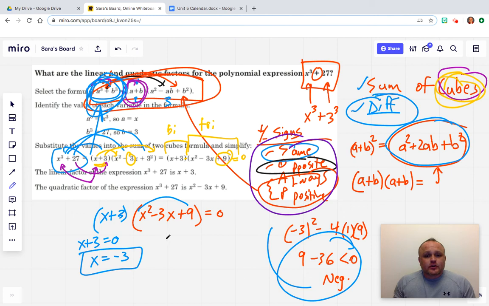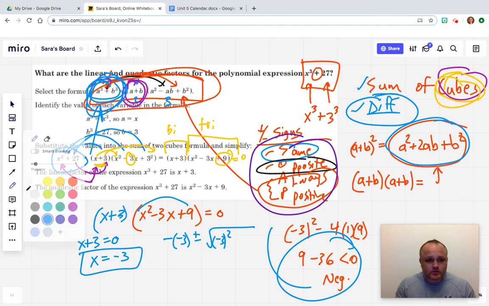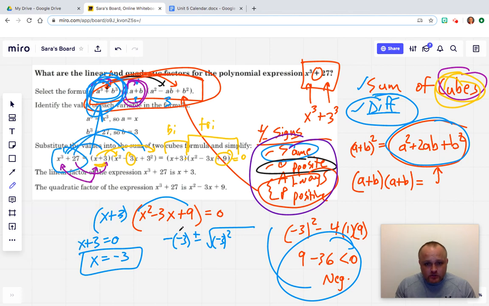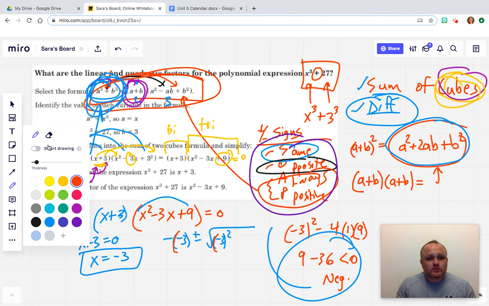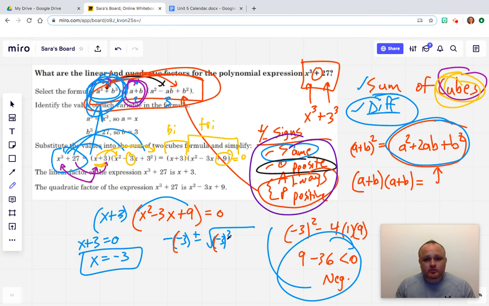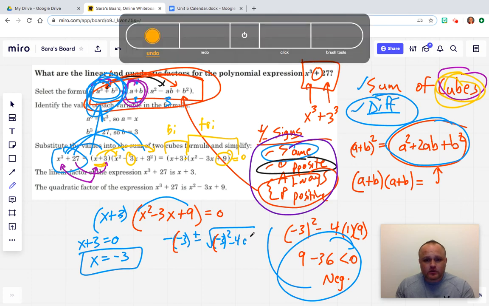So let's go ahead and go negative b plus or minus the square root, in this new factored form of parentheses. These parentheses are huge. This is where a lot of people make mistakes into calc. So negative b plus or minus the square root of b squared minus 4ac. So a was 1, c was 9.